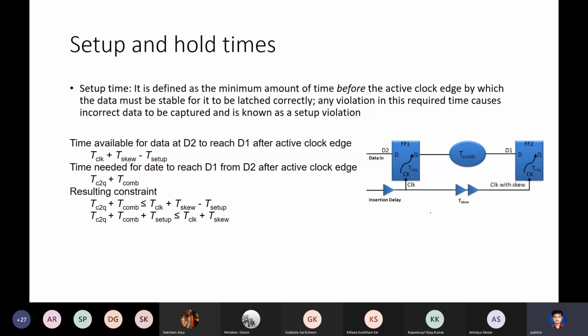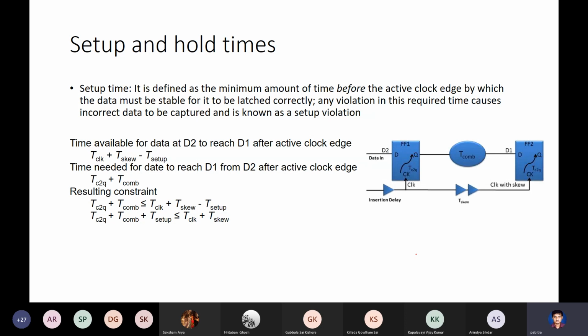Okay, so here is an example. You have two D latches, D1 and D2, and there is some combinatorial circuit in between connecting these two latches, and it has a delay. The clock is synchronized, but the clock has some insertion delay.